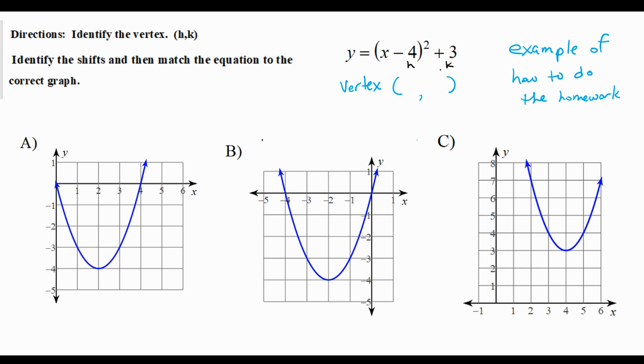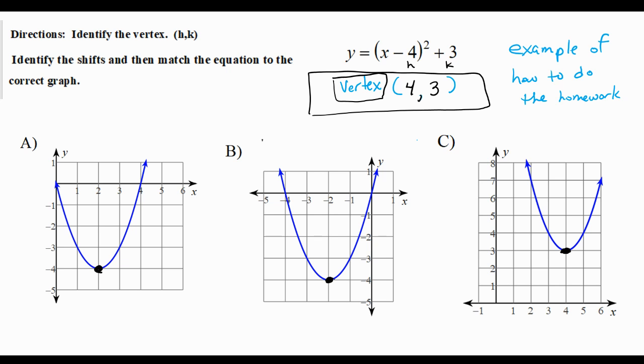So H and K, H is opposite, so you should be looking for something not with -4, but +4 and 3. So 4, 3. Which graph has a vertex at 4, 3? Here's the vertex on the first graph, the second graph, and the third graph. So your homework just asks you which one of those dots is at 4, 3.